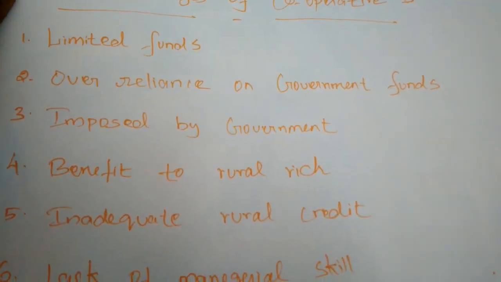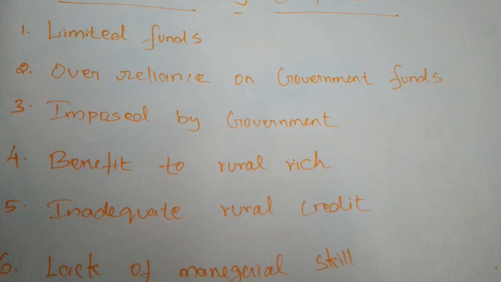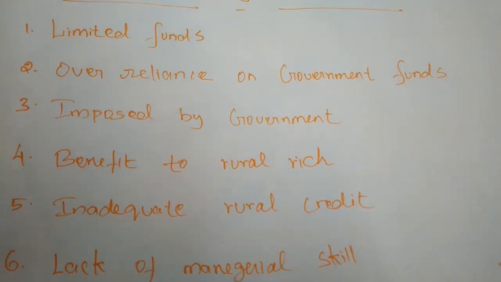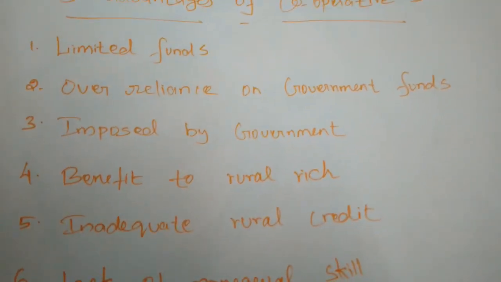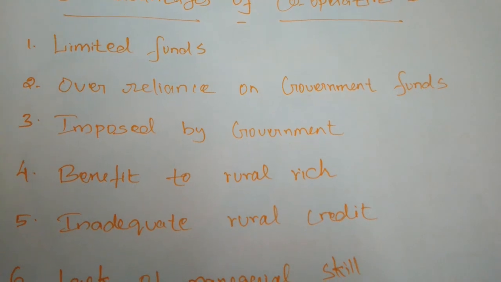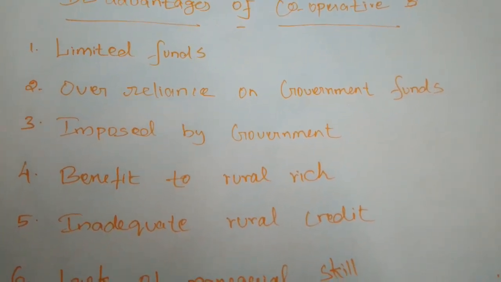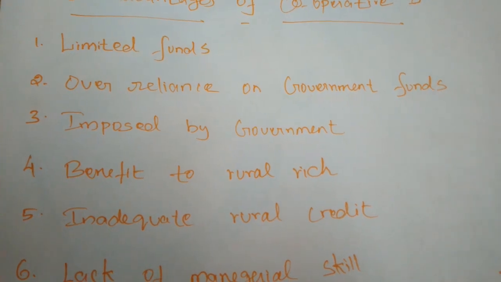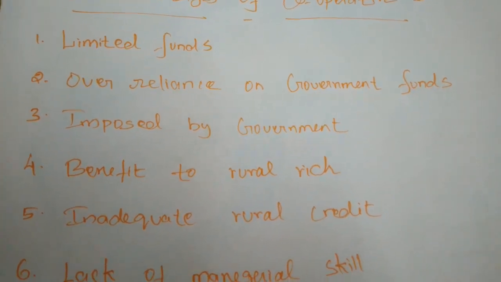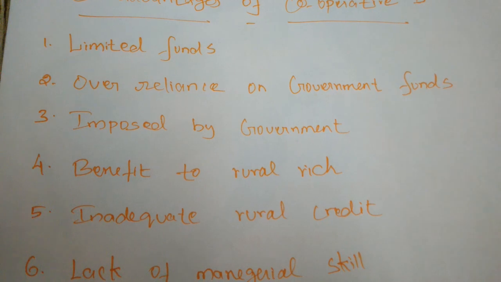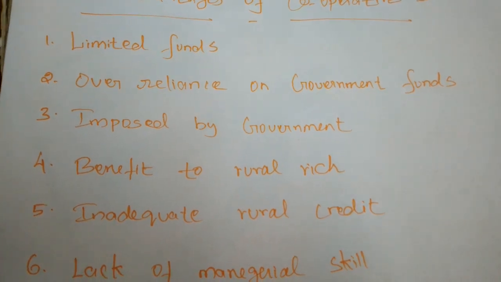Next, over-reliance on government funds. Over-reliance means depending. So the cooperative organizations must be depending on government funds for their improvement. The cooperative societies are not able to raise their own resources.